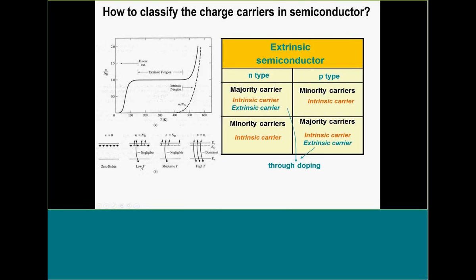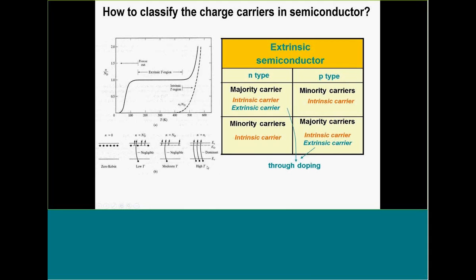Only a few come from the valence band of the host atom, so from the host semiconductor. These are the charge carriers from the host semiconductor, but over here are the charge carriers from the dopant. So basically at low temperature, most of your carriers come from the extrinsic level here. At moderate temperature, around 400 here, you can see that some of the electrons at the valence band are able to get sufficient energy to jump.